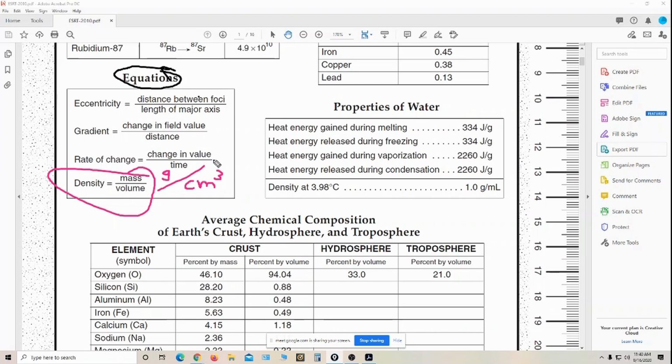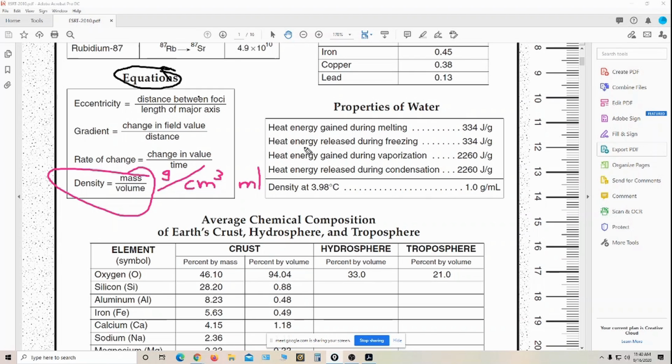If we measure using a graduated cylinder, it's going to be in milliliters. Lucky for you guys, 1 milliliter is equal to 1 cubic centimeter. So whether we measure the length times width times height, or measure the volume using a graduated cylinder or something to that effect, they're going to be the same.